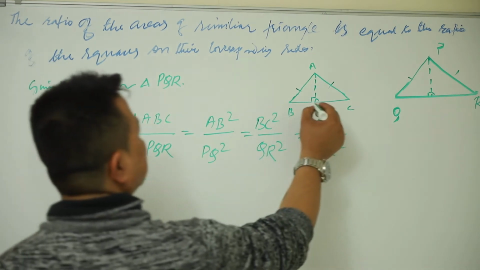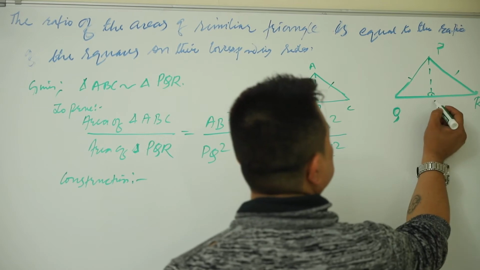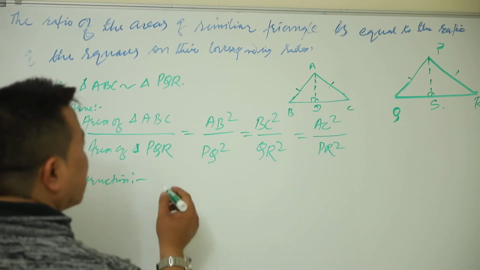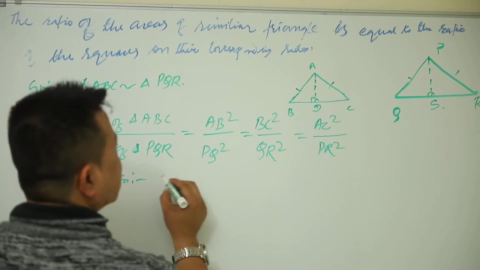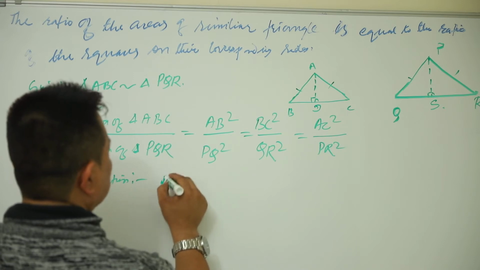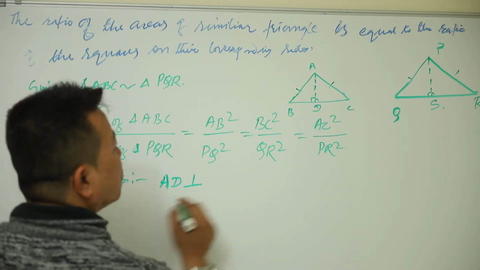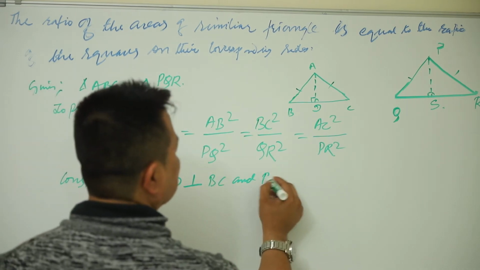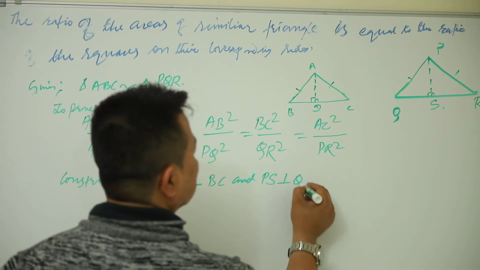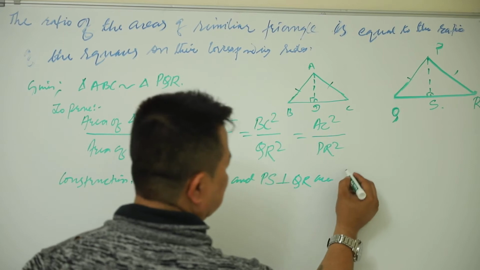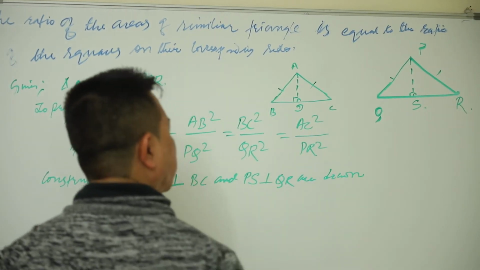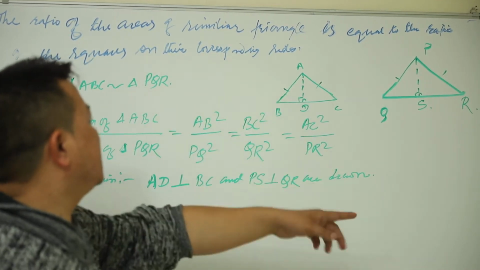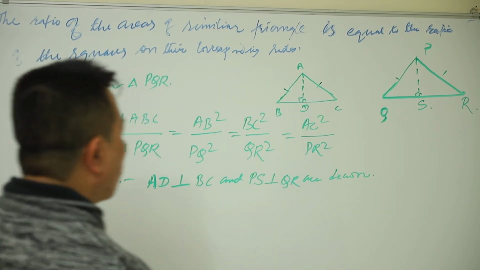You can name the feet D and S. What you have added in the diagram you need to write here in the construction: AD perpendicular to BC and PS perpendicular to QR are drawn respectively. In the diagram, AD is perpendicular to BC, and similarly PS is perpendicular to QR.